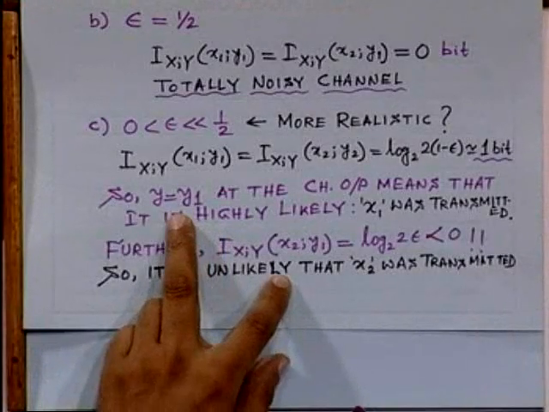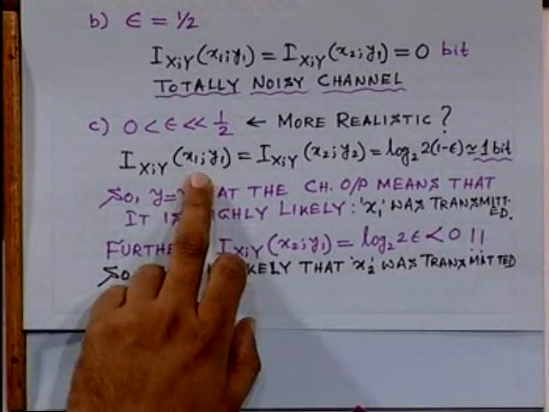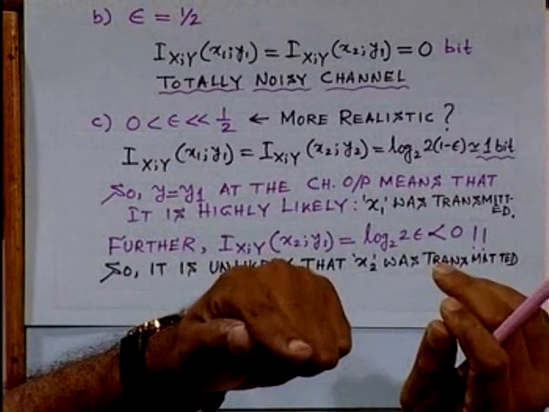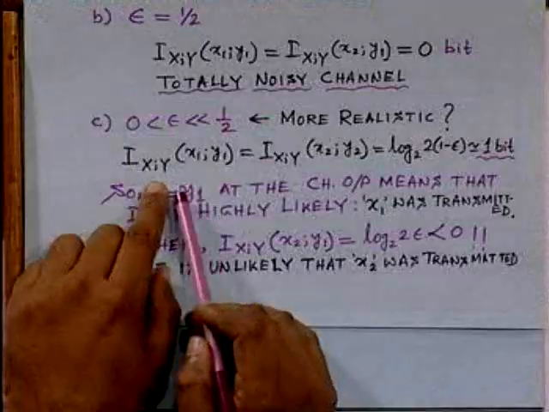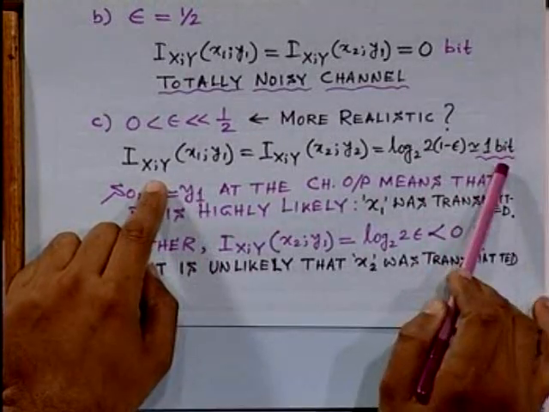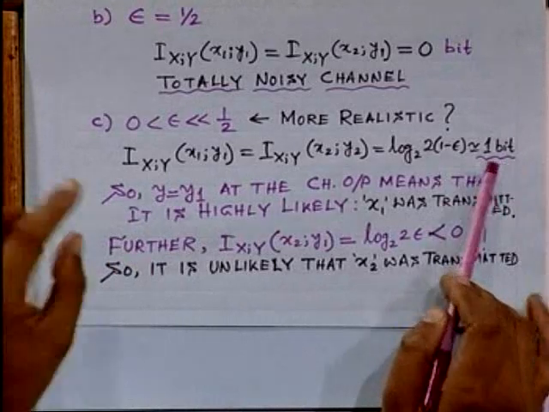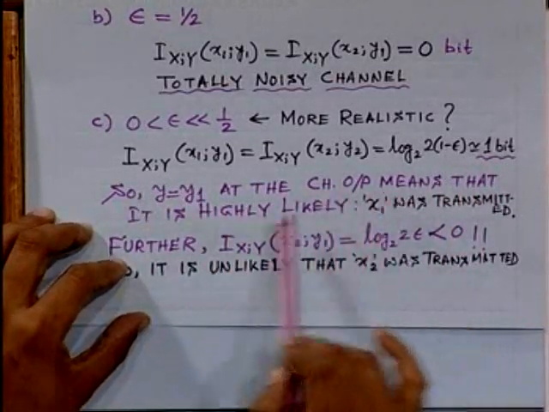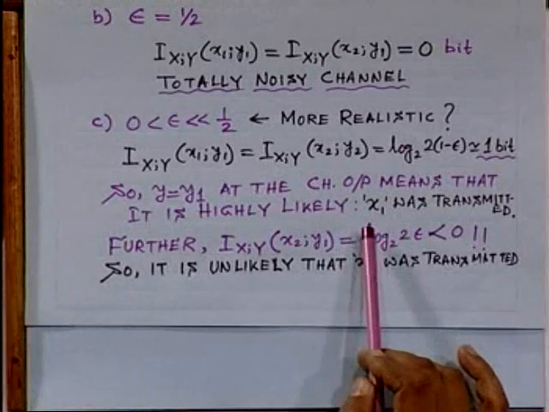I could even say that for those cases when the mutual information is positive and very high, I can make a receiver decision: decide y equal to y1 for this first case. If 1 bit has been transmitted, I have received that bit, and I have found that the corresponding mutual information for x1 y1 was close to 1 bit, then from this knowledge I can guess that y equal to y1 at the channel output means it is highly likely that x1 was transmitted.